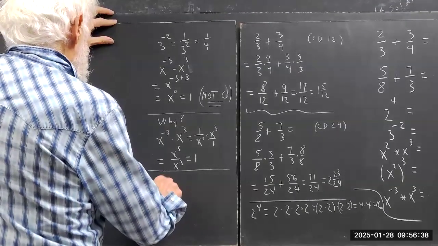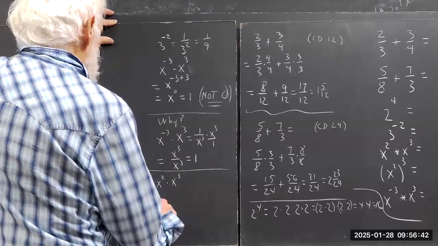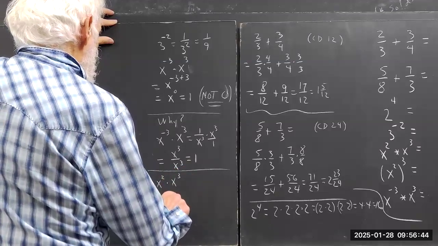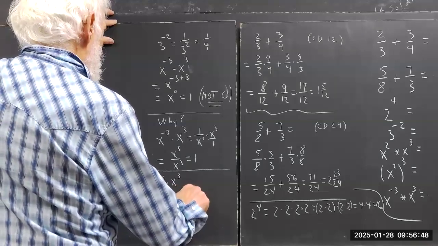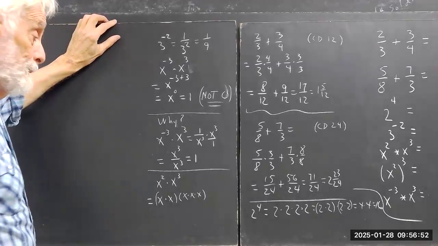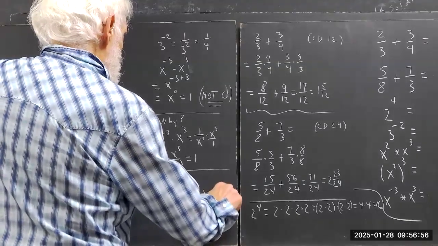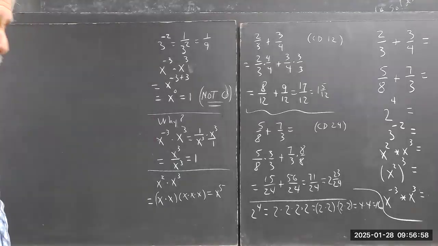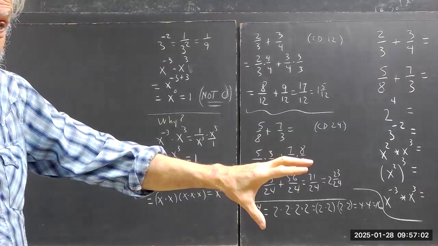Now x squared times x cubed. Now, if I ask you to write this out in detail, there's your x squared. And we got 5 of them. That's without using any rules.